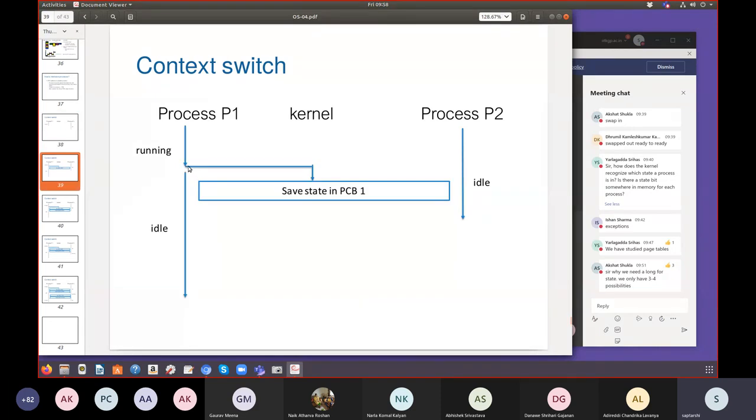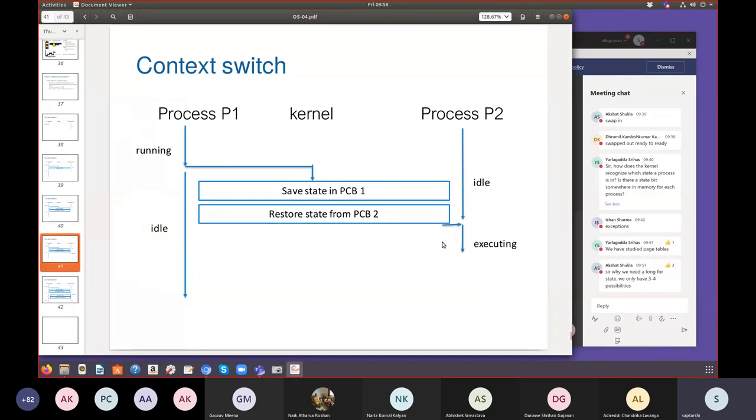Now an interrupt comes, the kernel wakes up and starts running. It saves the state of process 1 in PCB1. Then it restores the state from PCB2, so it allocates the CPU to process 2. Then process 2 starts executing.